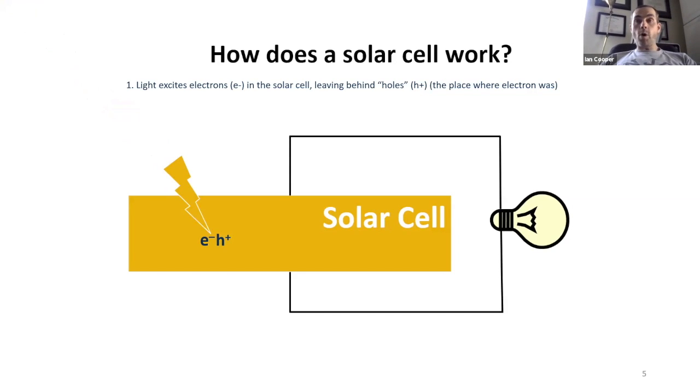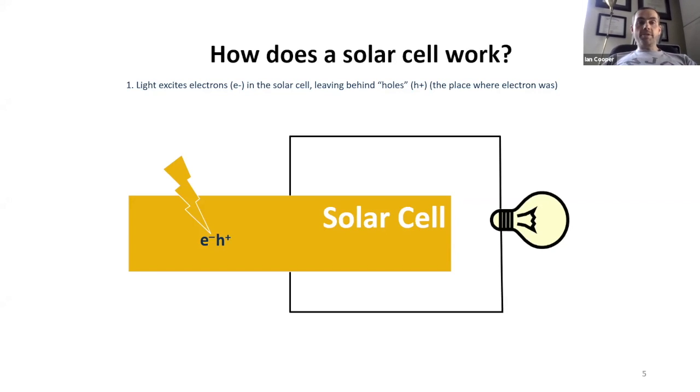They start to get up and walk around, and they run around inside the solar cell. But what's interesting about this, when the electron runs around inside the solar cell, it leaves behind something called a hole, which is actually positively charged. That's why I have an H there. The E minus is the electron, and the H plus is the hole.